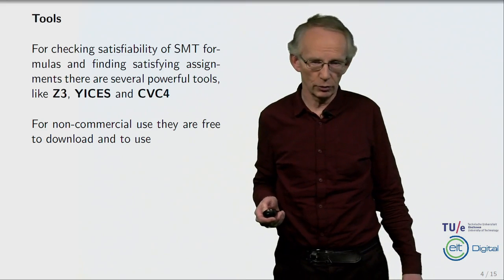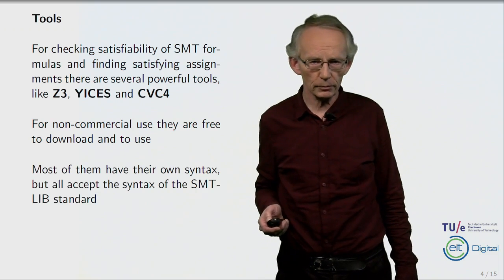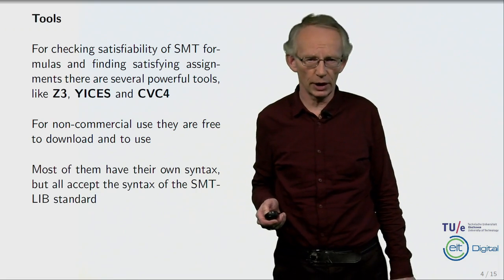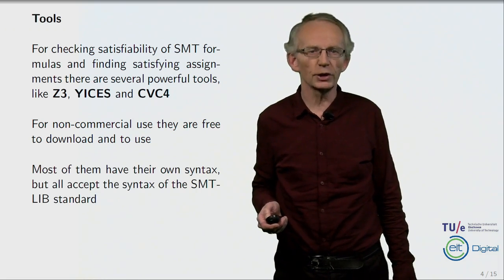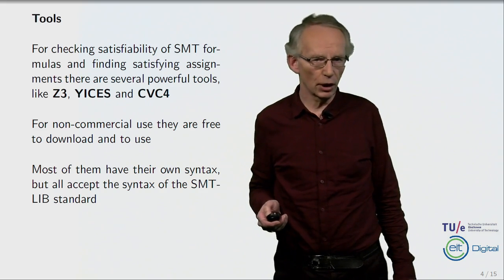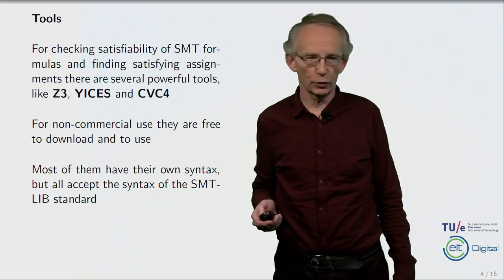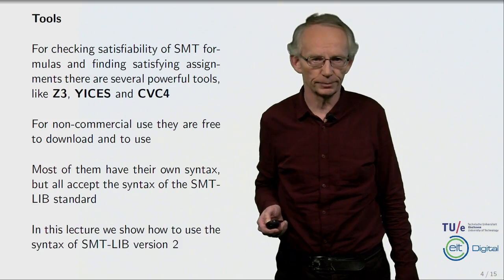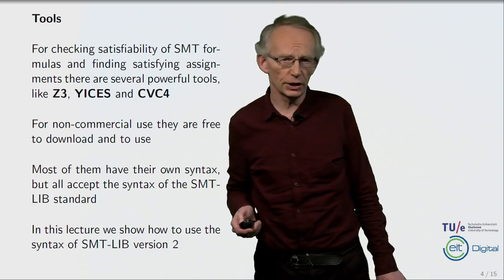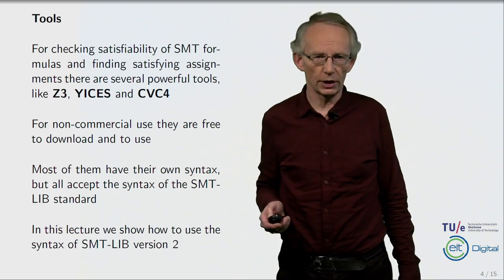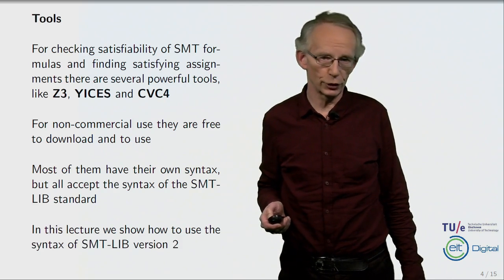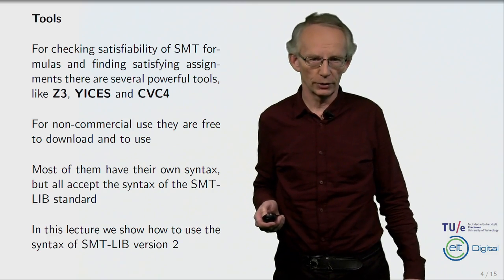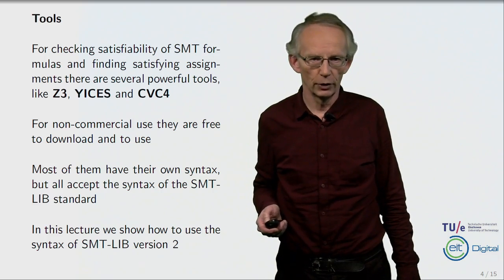Most of them have their own syntax, but luckily they all accept the syntax of the SMT-LIB standard. In fact, there are also competitions, and if you do a competition on several tools, of course they should have a common syntax. In this lecture we show how to use the syntax of SMT-LIB version 2. There was an earlier version 1.2 and it was slightly different, but now the focus is on version 2.